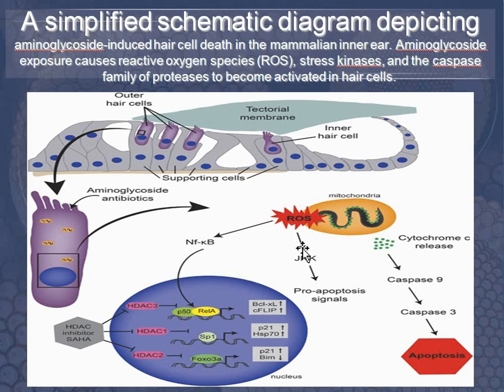So here you can see the aminoglycoside causing reactive oxygen species, stress kinases and caspases. This leads to the stress kinases and the caspase family of proteases becoming activated in the hair cells, which further leads to apoptosis.